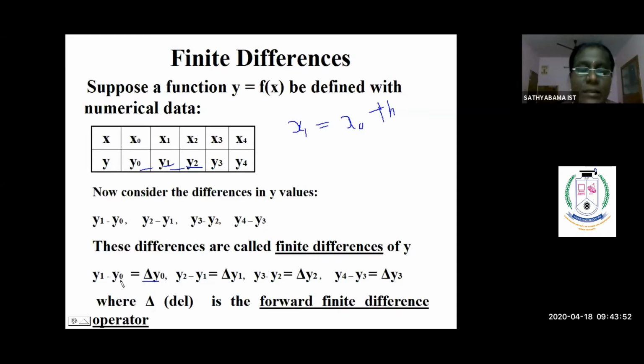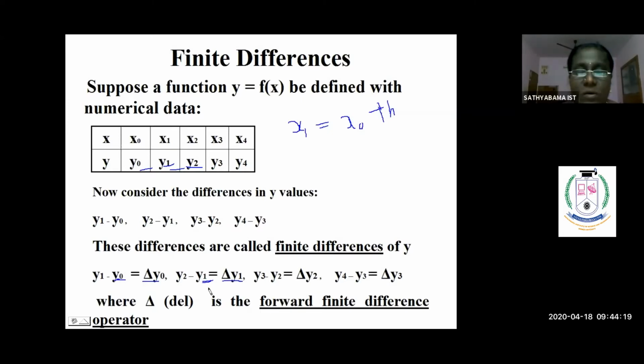But see how I denote y1 minus y0: del y0. That is the initial value. In the same way, y2 minus y1, I denote as del y1. That is always the preceding value. In the same way, I'm using all the notations. Since we do the differences only once, that is the first time, we call this first order finite forward differences.